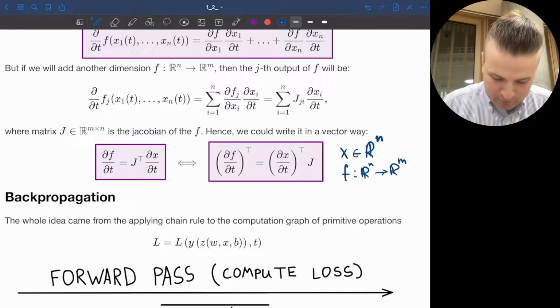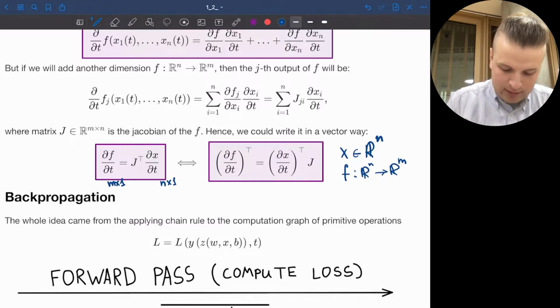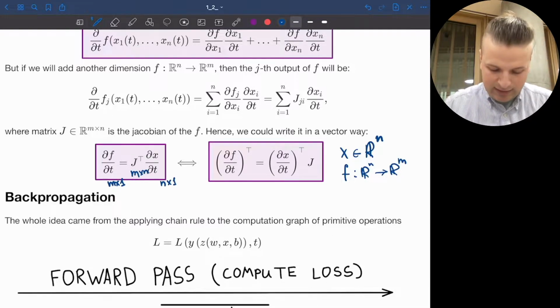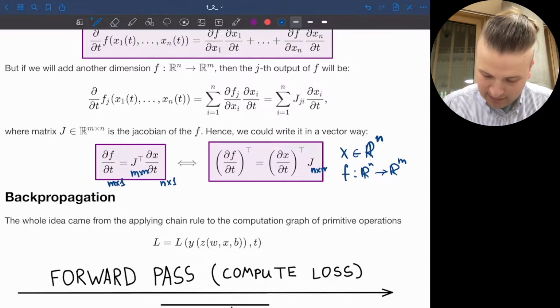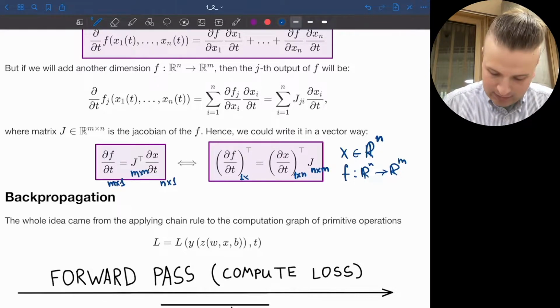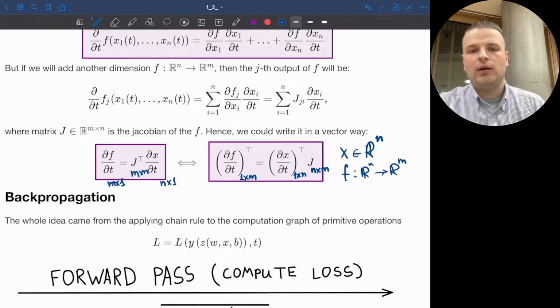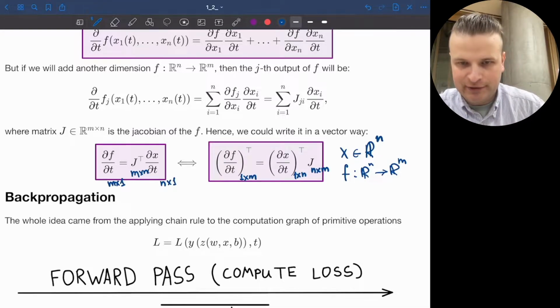And here, for sure, this has dimension n times 1. This has dimension m times 1. And this is nothing else but m times n, or here n times m. And again, 1 times n and 1 times m. All should be clear here.